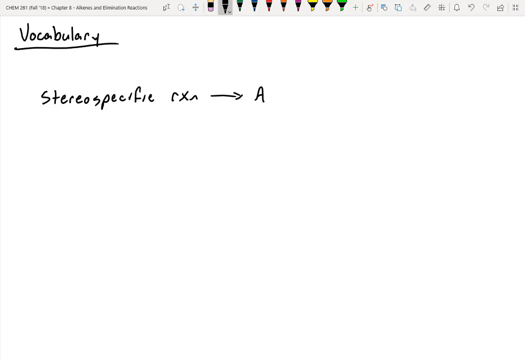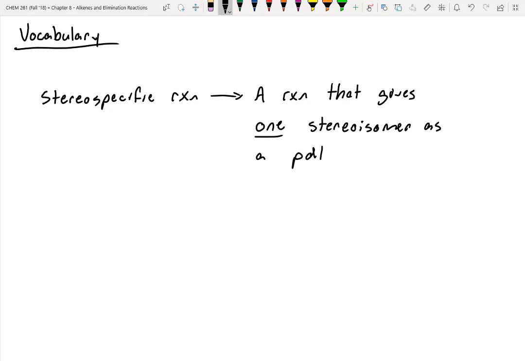So it's a reaction that gives one stereoisomer as a product. You may see this term floated around on Sapling or in your textbook. It's pretty easy to remember though, because stereospecific means you only get one, right?